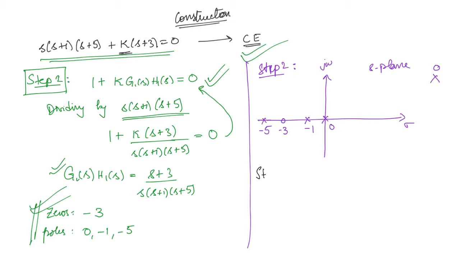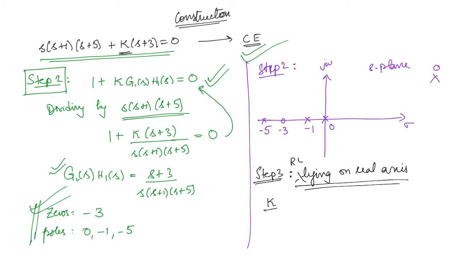The next step is to plot the root locus that is lying on the real axis. In order to do this, first we have to understand a few things. The first one is to understand what is the value of k at the zeros and poles.